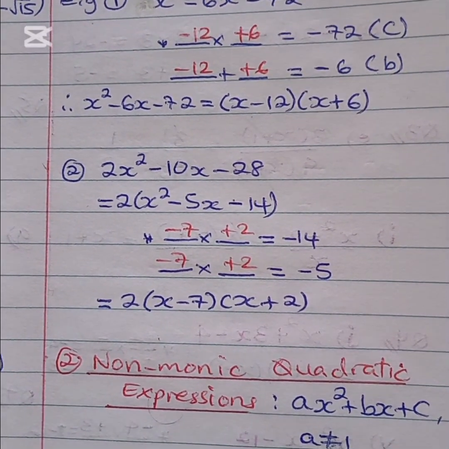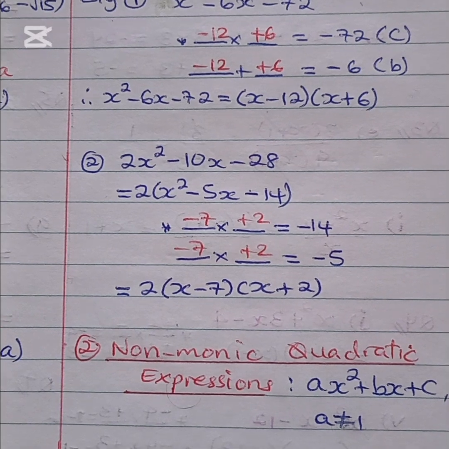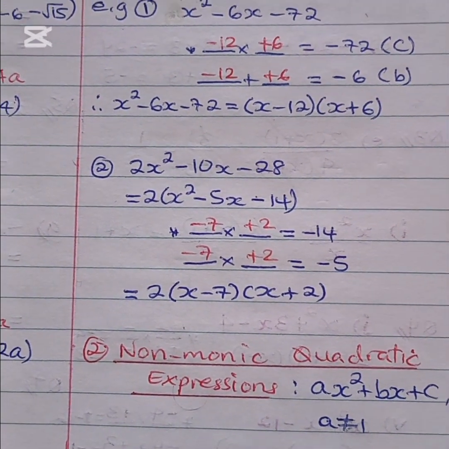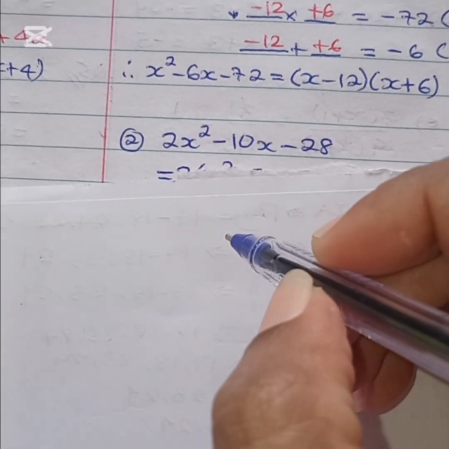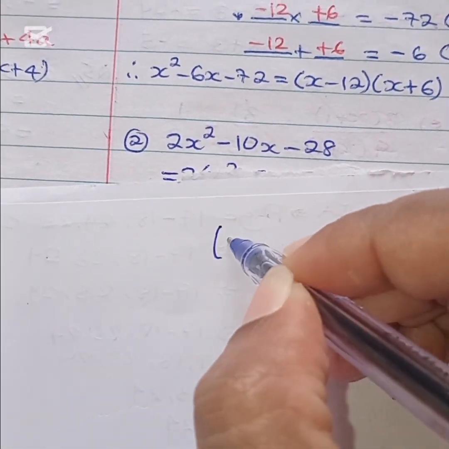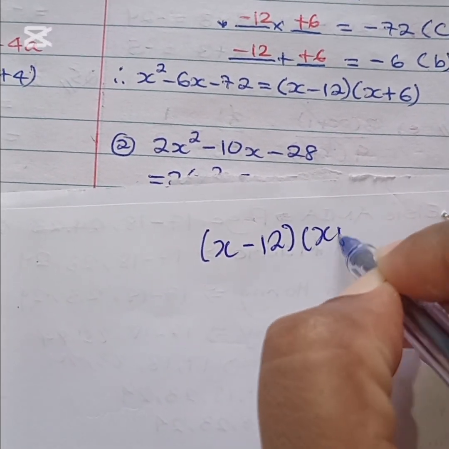Now you can proof check your answer by reversing the process and expanding the bracket. Okay, so we have factorized our expression to x minus 12 and x plus 6.